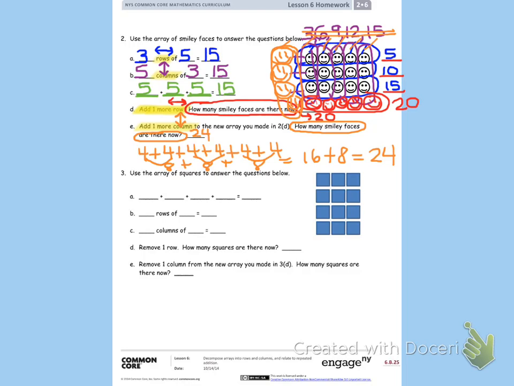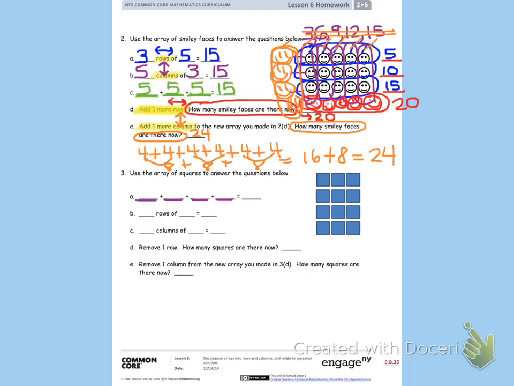Item 3. Use the array of squares to answer the questions below. I'm going to let you do most of this, but I'll get you started. Item A. We need to create a repeated addition sentence. There's 1, 2, 3, 4 groups.